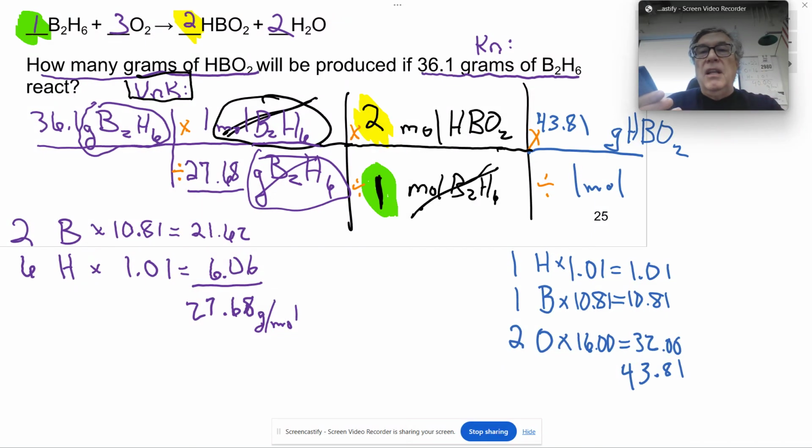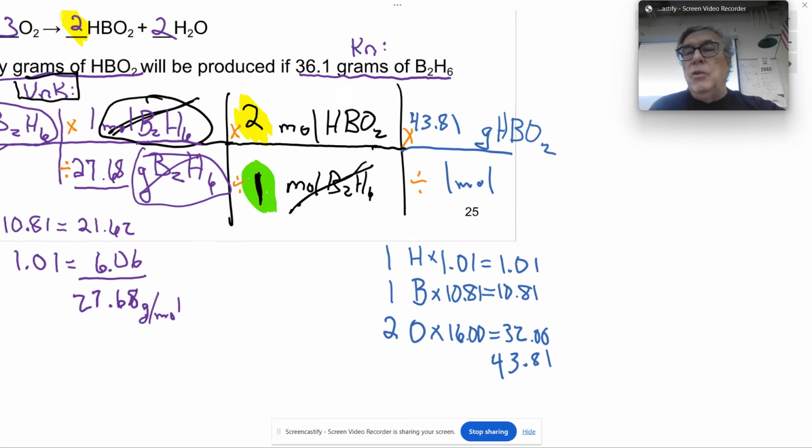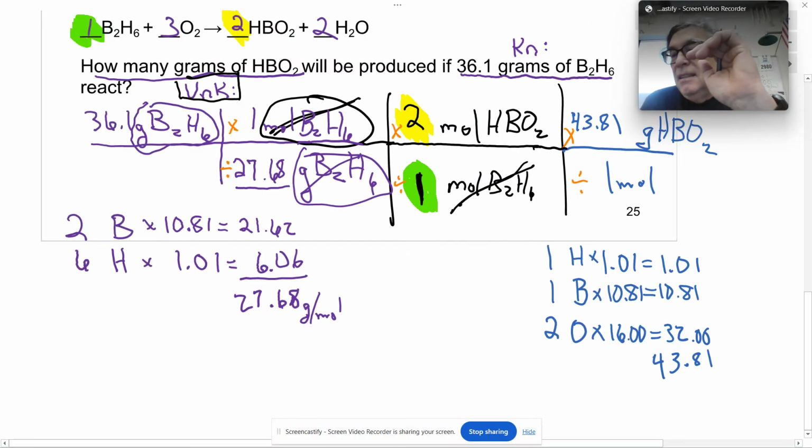And then I'm going to go to the last step, times 43.81 divided by 1. And I get 114 and a little bit extra. I'm going to round it up to 114.3.